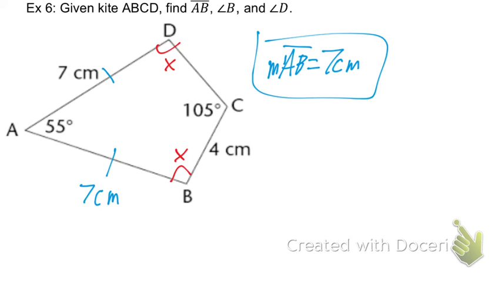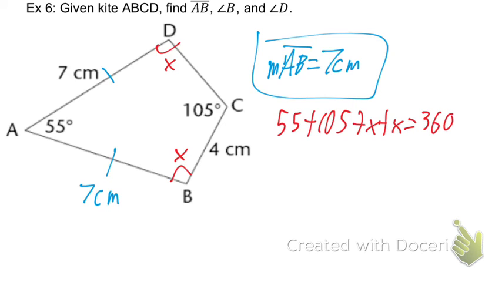So we can add up 55 plus 105 plus 2x is equal to 360. Mr. Costle, what if I don't remember the internal sum of a quadrilateral? Great question. (n minus 2) times 180 will work. You can always use that to find the internal sum. 4 minus 2 is 2, 2 times 180 is 360.